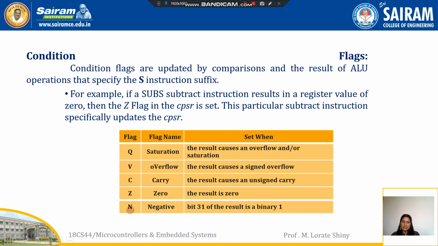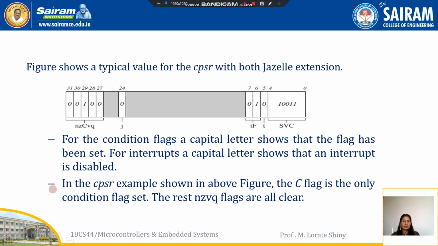Next, the carry flag will be set when the result has an unsigned carry. The overflow flag will be set whenever the result has a signed overflow. Next, saturation will be set whenever the result has saturated.